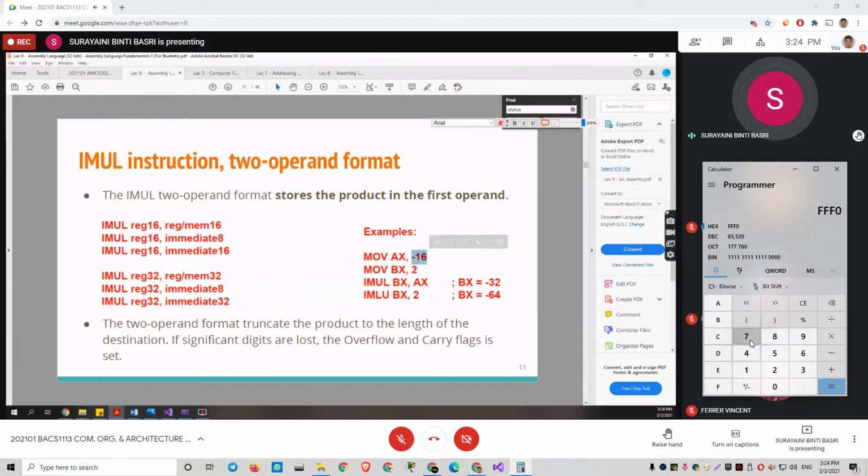Okay, so the two operand format truncates the product to the length of the destination. It means that if your destination is BX, which is 16-bit, but your product does not fill the full 16 bits, then it will truncate it.